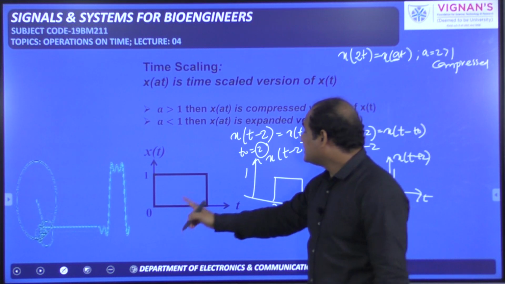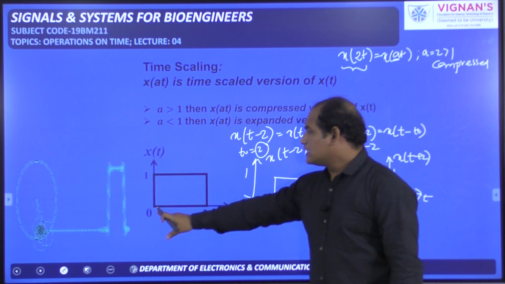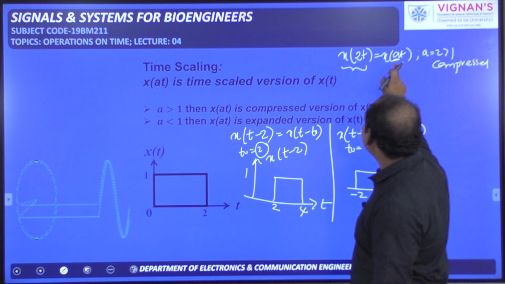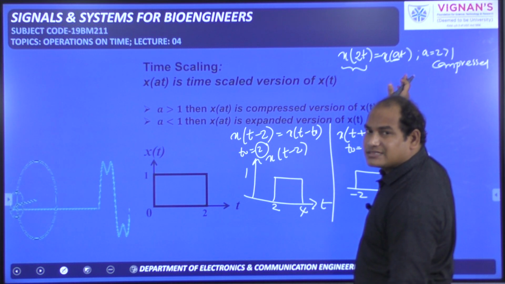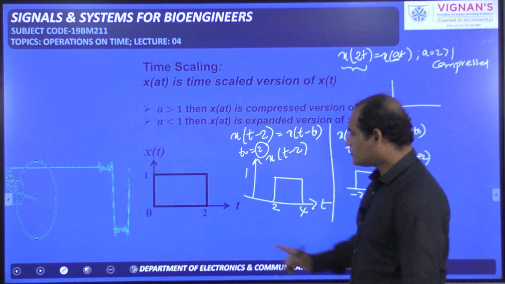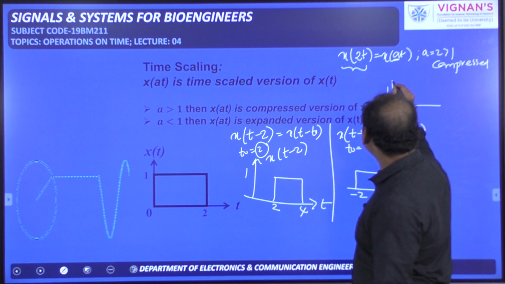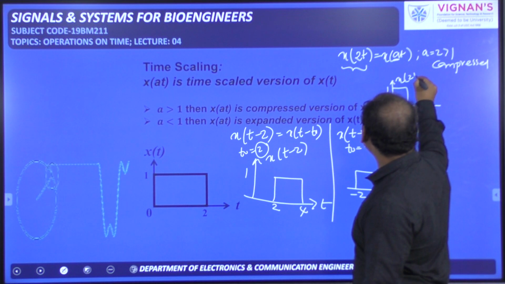That means here we need to draw x of 2t from x of t. 0 by a is 0, and 2 by 2 will be 1. This is x of 2t.